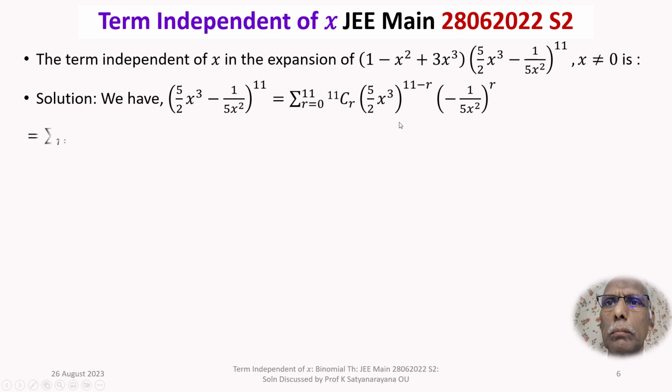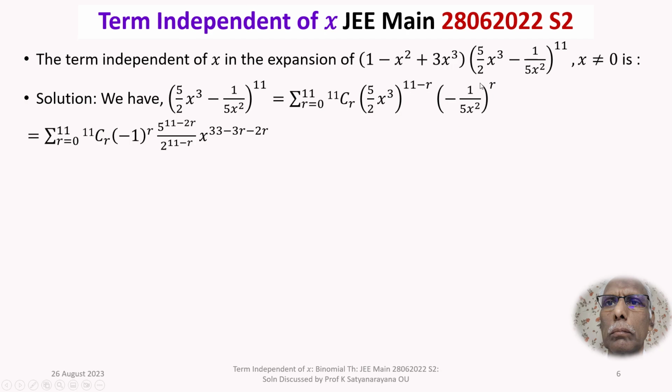Let's now simplify. This is equal to the sum of 11Cr into (-1) to the power of r. Here it is 5 to the power of 11 - r, and here 1/5 to the power of r, that is 5 to the power of 11 - 2r, divided by 2 to the power of 11 - r. Then (x³) to the power of 11 - r is x to the power of 33 - 3r.